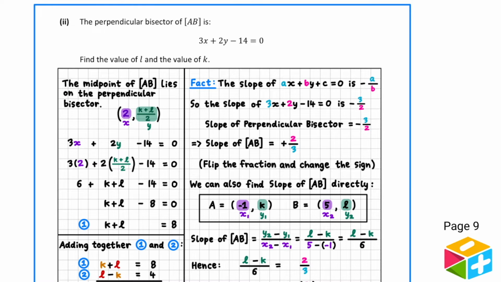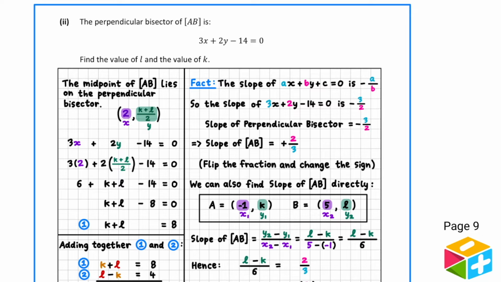This is because the perpendicular bisector goes exactly halfway between A and B. In the previous part of the question, we found that the midpoint had an x value of 2 and a y value of k plus L over 2.